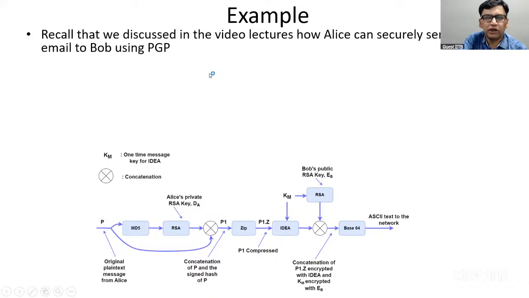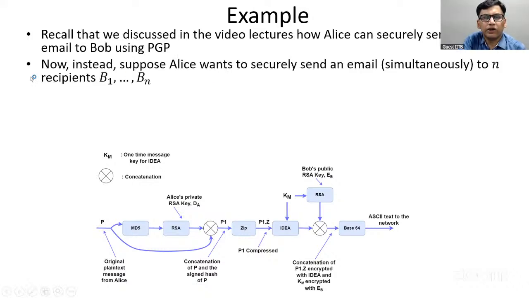Now let's discuss a variant of that. Instead of the basic PGP, suppose Alice wants to securely send an email simultaneously to n recipients, let's call them B1 to Bn. How can we modify the PGP program to enable simultaneous transmission to n different receivers?